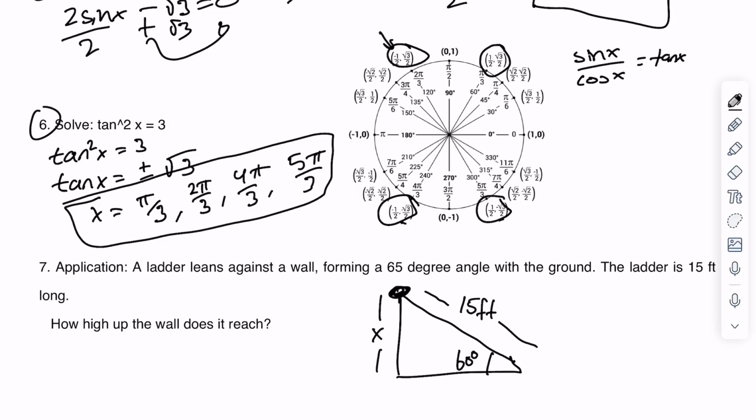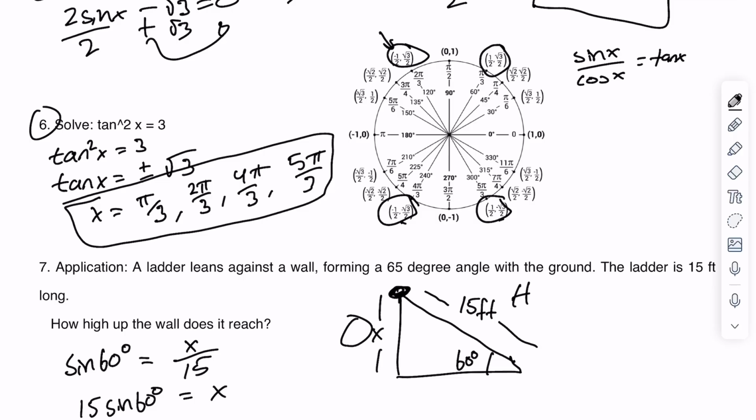We can do sine of 60 degrees. Why sine? Because opposite over hypotenuse. Sine of x over 15. And here we can just multiply 15 sine 60 degrees equals x.